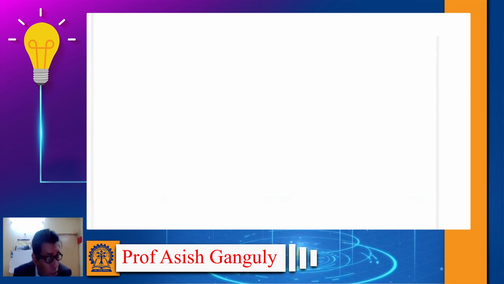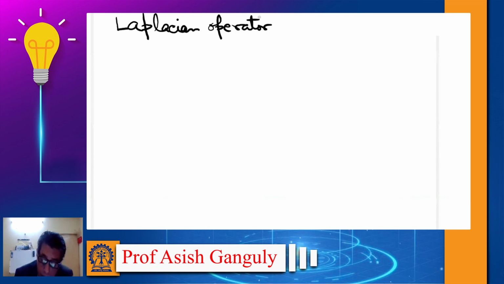So in heat equation, first of all, I want to use the Laplacian operator del square. The Laplacian operator is denoted as del square, sometimes called nabla operator.